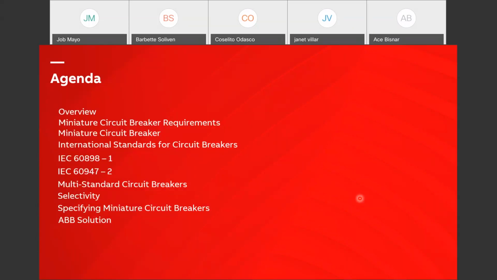And then, of course, an example of selectivity, or why selectivity is important for final distribution circuit breakers. And of course, specifying miniature circuit breakers and another overview on the MCB solutions of ABB.